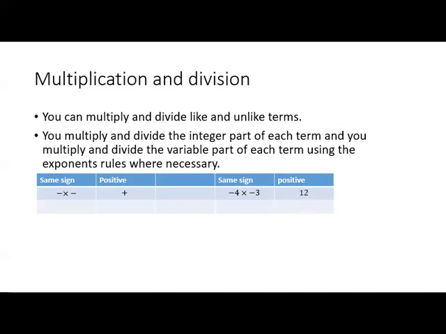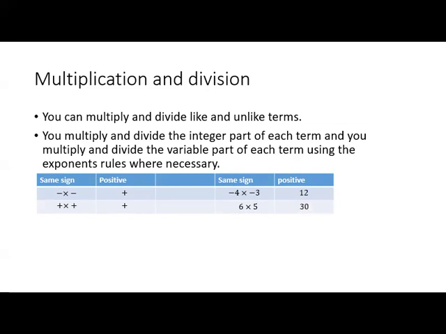It'll give you positive 12. Similarly, multiplying positive with positive will still give you positive. Positive 6 times positive 5 gives you 30.